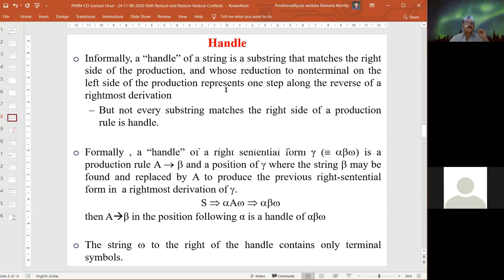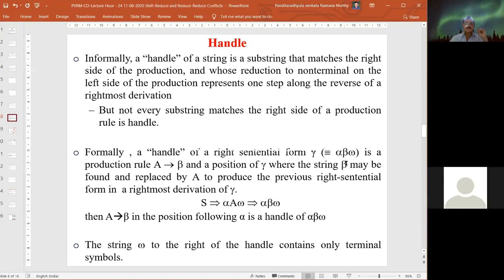That means a handle is the right side of some production that can be replaced by the left side of the production. But not every substring that matches the right side of a production rule is a handle. From the complete set of right sides of productions, we identify only certain ones as handles. So the handle is the right sentential form of some grammatical rule.